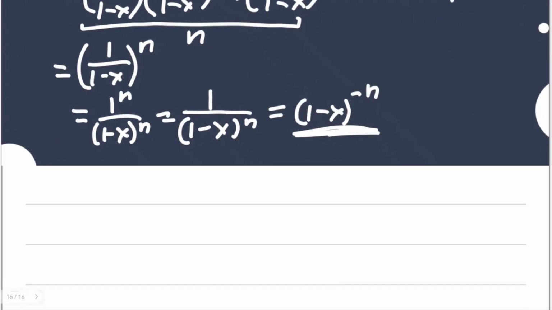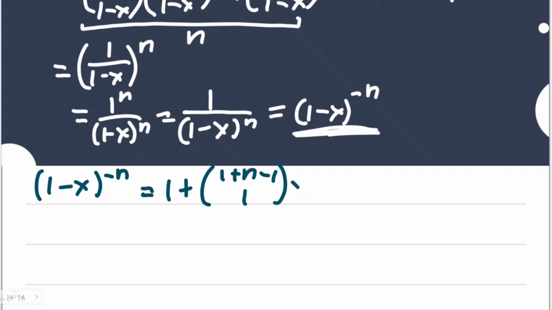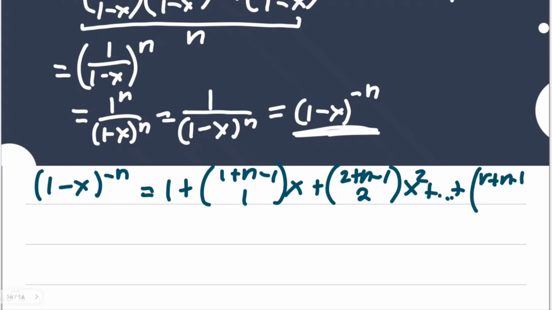Let me move down. 1 minus x to the power of negative n is equal to the expansion 1 plus (n minus 1 choose 1) x, plus (2 plus n minus 1 choose 2) x squared, plus until you reach this form, (r plus n minus 1 choose r) x to the power of r.